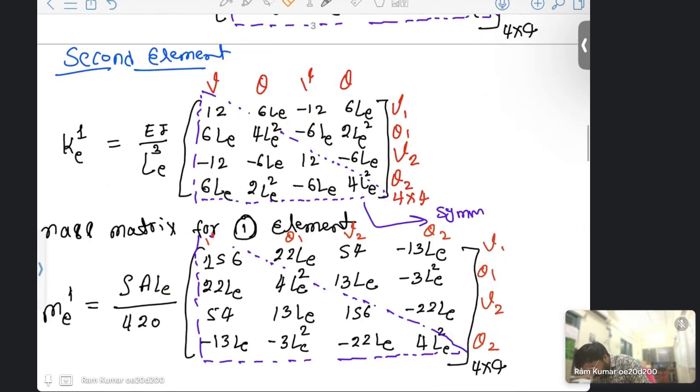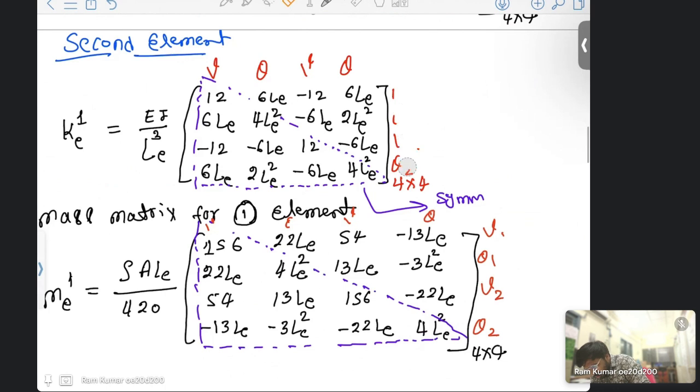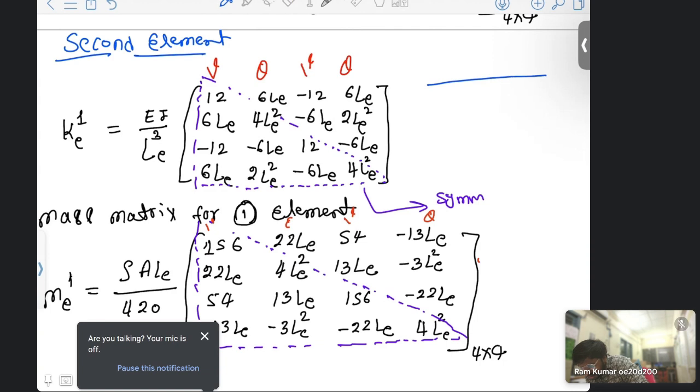Yes, okay. So this is our second element like this.